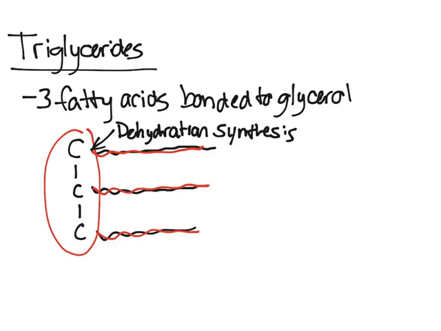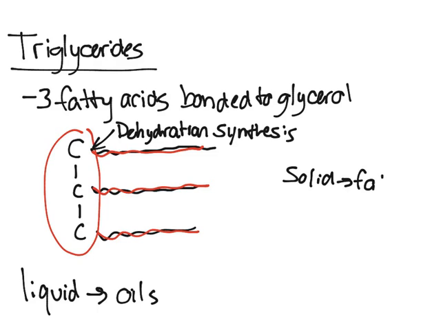And so triglycerides at room temperature can either be liquids or solids. So liquid triglycerides at room temperature are called oils, and then solid ones are called fat.